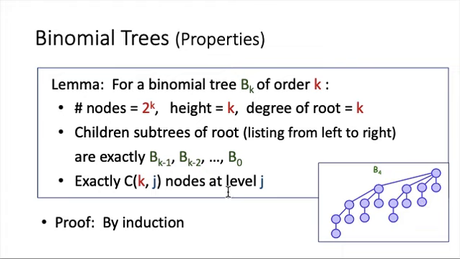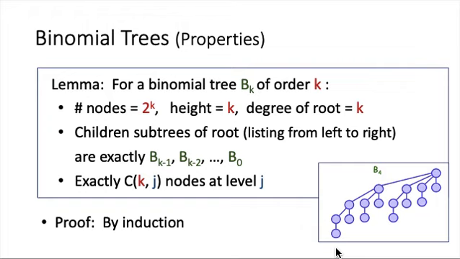And also, let's look at the number of nodes at each level. There will be 1 node at level 0, 4 nodes at level 1, 6 nodes at level 2, 4 nodes at level 3, and 1 node at level 4, right? So 1, 4, 6, 4, 1. What are these numbers?